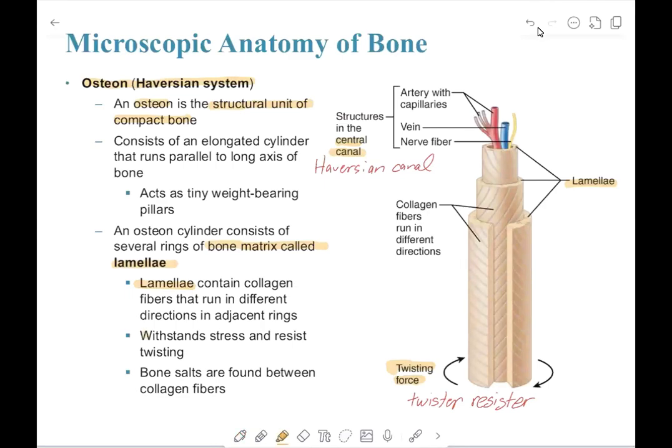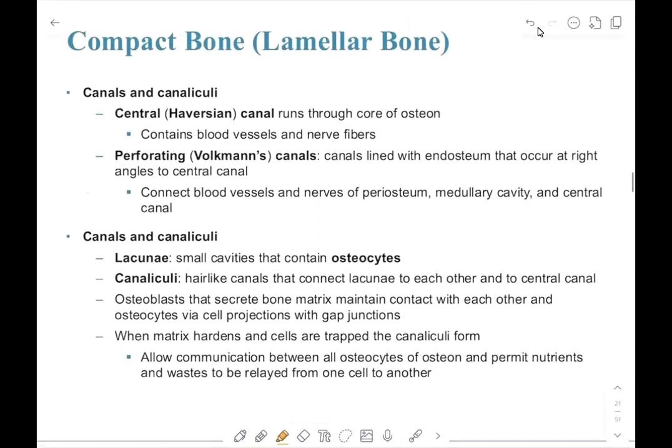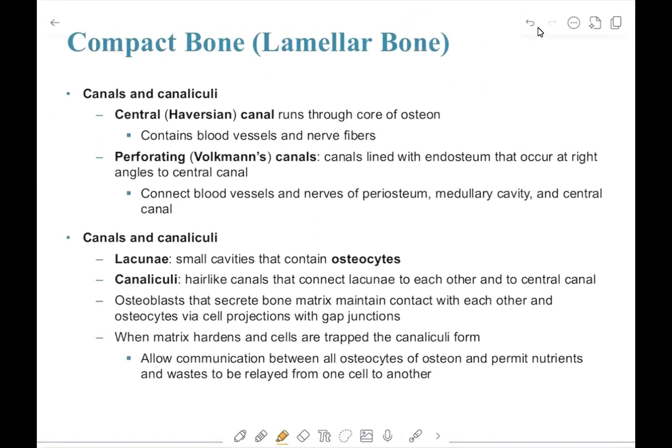It withstands stress and resists twisting. And then bone salts are found between those collagen fibers. So when we look at compact bone now, we're going to look at it from a different view. And again, compact bone is also called lamellar bone.